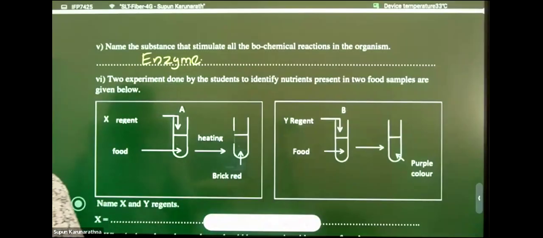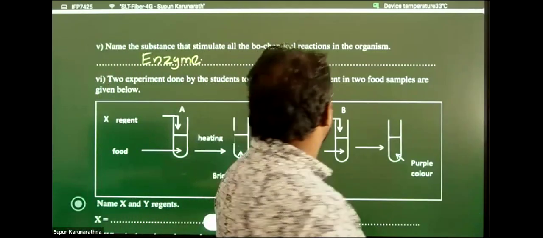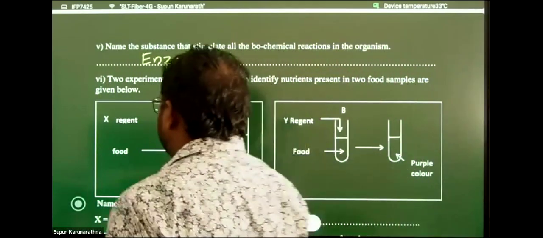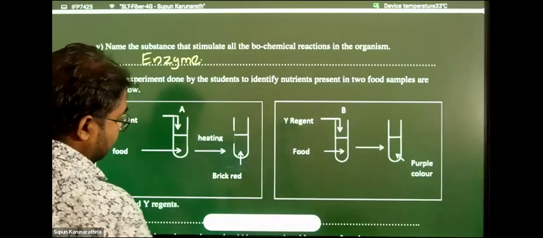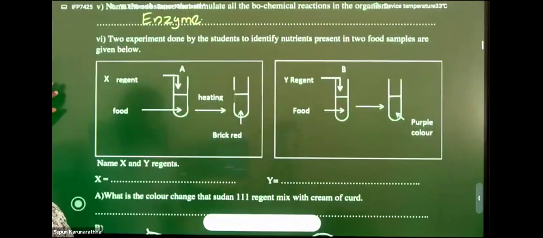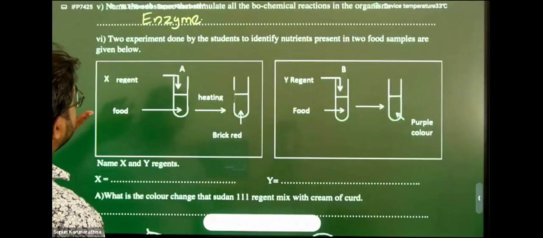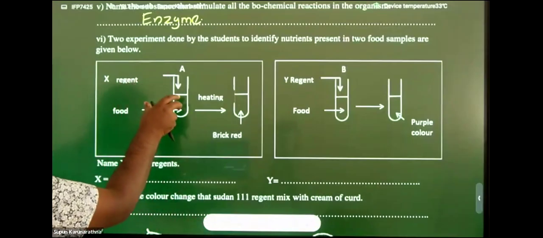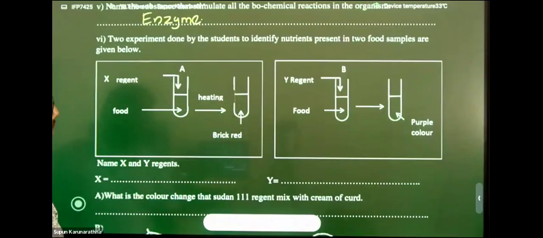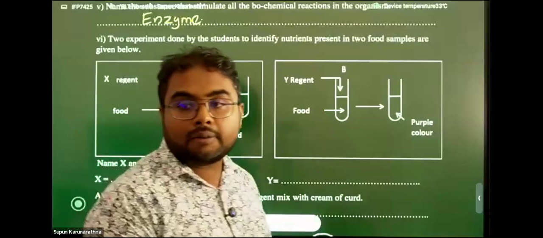Next one: two experiments done by the students to identify nutrients present in two food samples are given below. You can see that by adding reagent X and heating, the observation is a brick red precipitate.